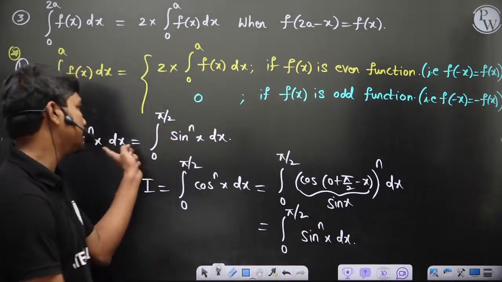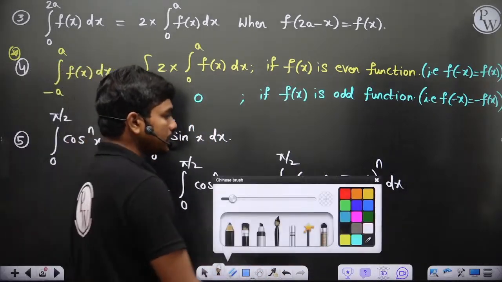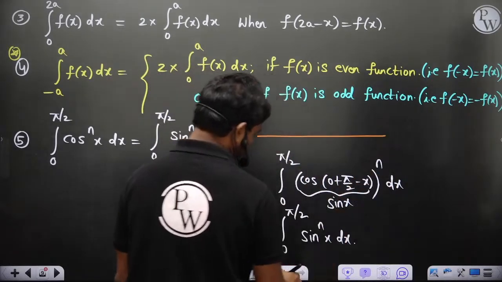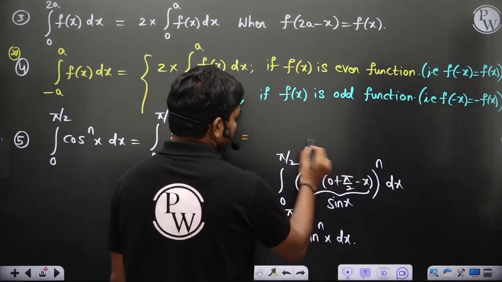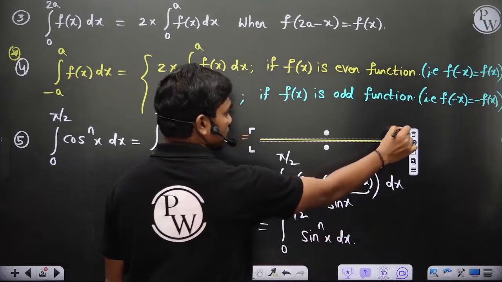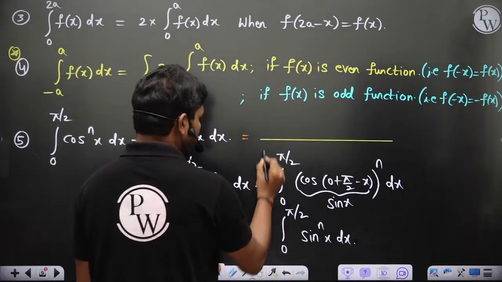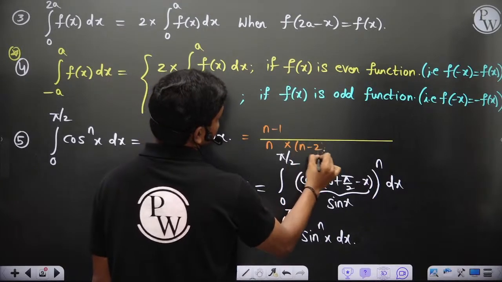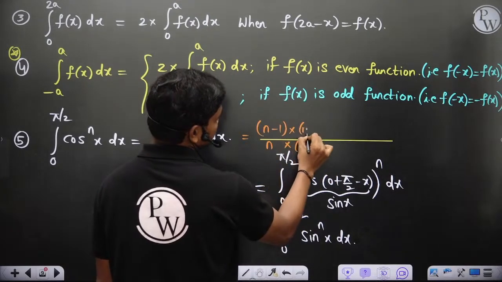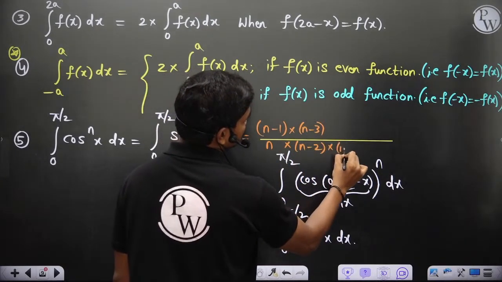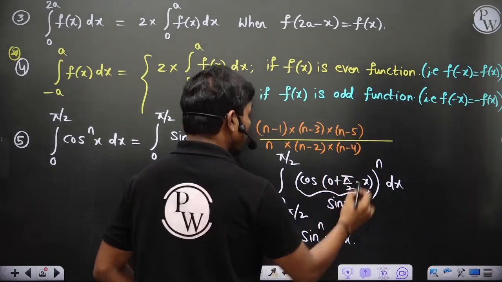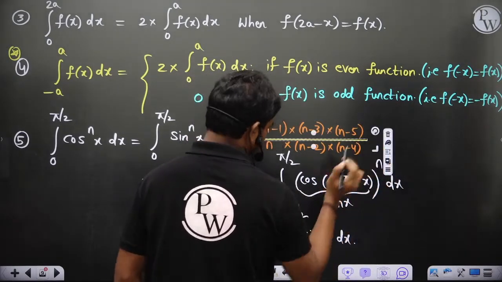So ultimately these two are equal, and the value of these two, if you apply the reduction formula, is something like (n minus 1) into (n minus 2) into (n minus 3) into (n minus 4) into (n minus 5) and so on, divided by the corresponding terms.